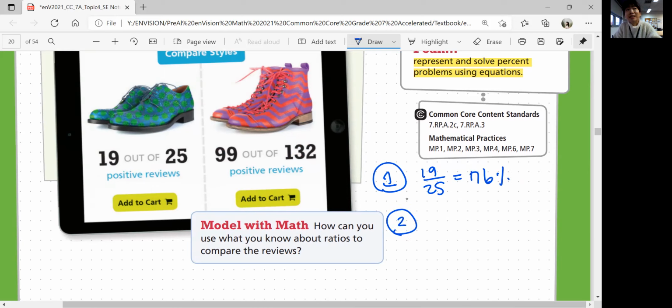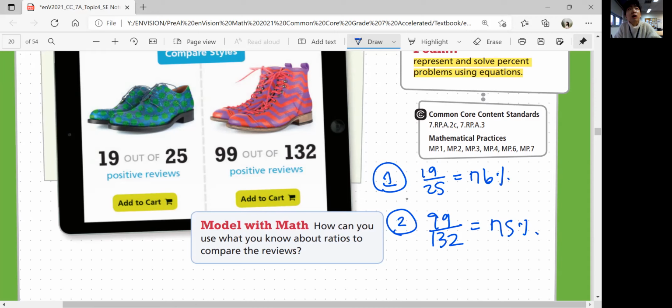Because if you divide 19 by 25, you get 0.76, and change that to percentage by multiplying it by 100, and you get 76%. Okay, same thing, 99 out of 132. You divide 99 by 132, you get 0.75 times 100 is 75%.